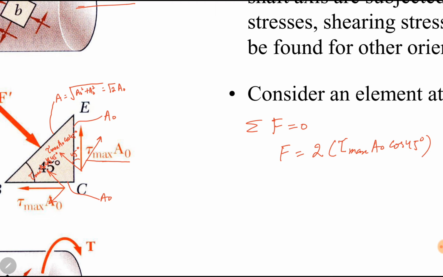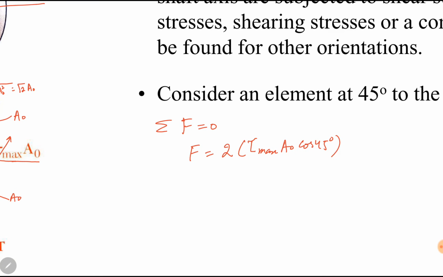Cosine of 45 is equal to 1 over root 2. So it can be further simplified as F equal to tau maximum A naught square root of 2.